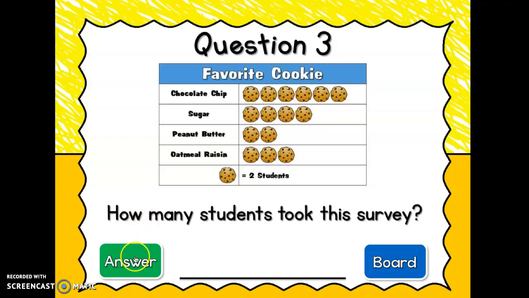Ready for the answer? The answer is 30 students. So if you skip count by 2s, you'll get 30. 2, 4, 6, 8, 10, 12, 14, 16, 18, 20, 22, 24, 26, 28, 30. Don't count that cookie from here. So I know some of you probably got tricked and accidentally counted that one.